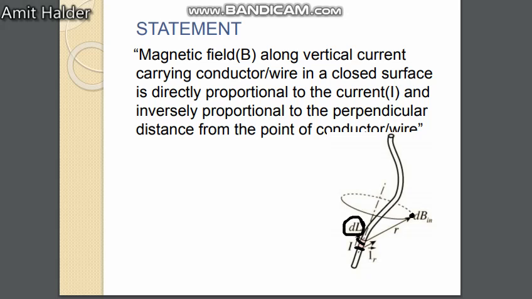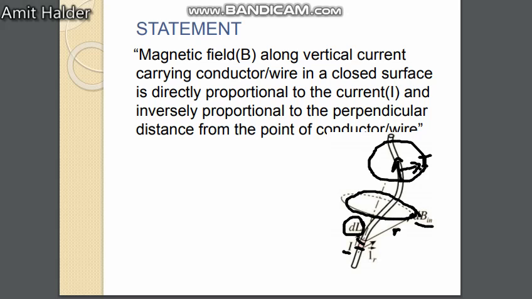So there is a vertical current carrying conductor, and the field is directly proportional to the current and inversely proportional to the distance between the point we have taken and the conductor. The magnetic field will be perpendicular to it, and as it is a cylindrical component, or you can say a wire, the field will be circular.